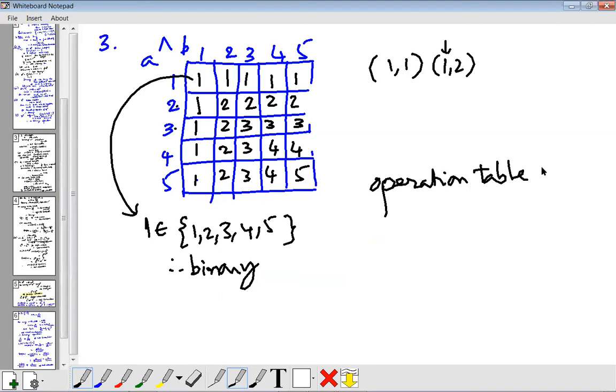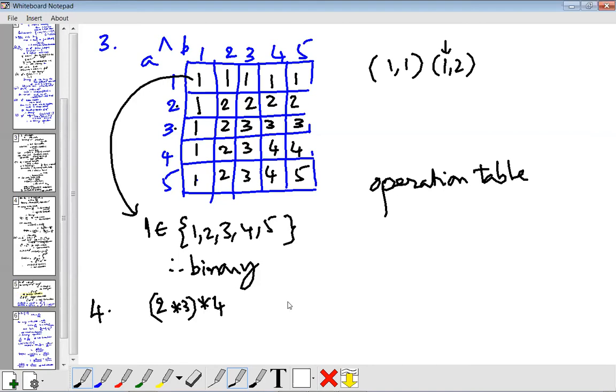Okay. Then the fourth question, we have to use the table given in the 1 star 2, that 1.2. So he is asking to compute 2 star 3 star 4. I'm not writing the table here. I'm just looking at how we compute 2 star 3 star 4.